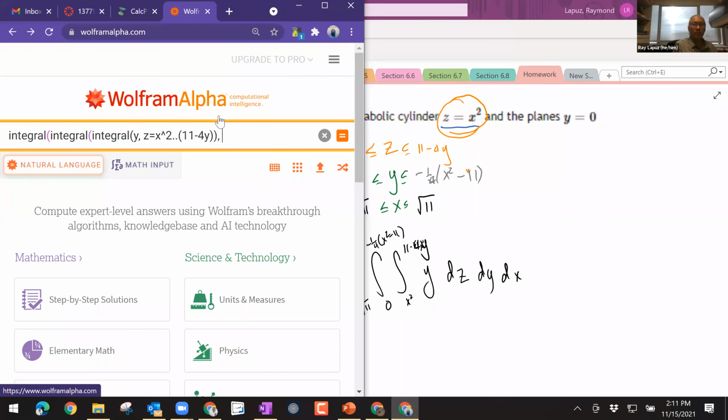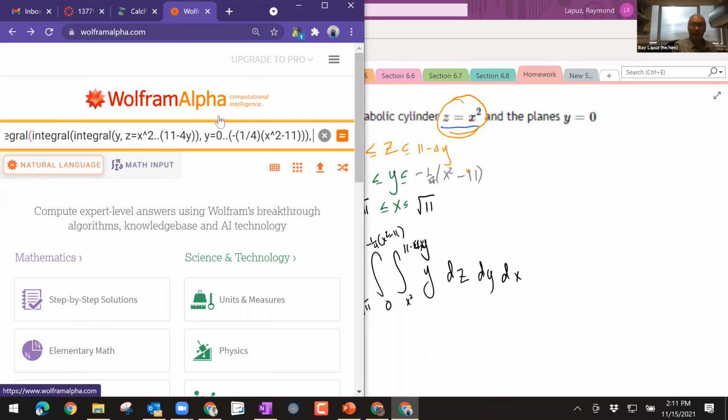The next is going to be with respect to y. And y is going to be evaluated from 0 to, this is where that big mess comes in, negative 1/4 times x squared minus 11. And so let's keep track of the parentheses, and that closes my second iterated integral.